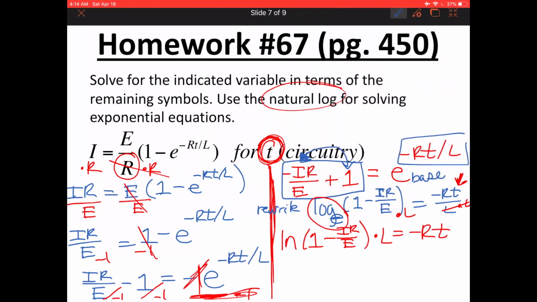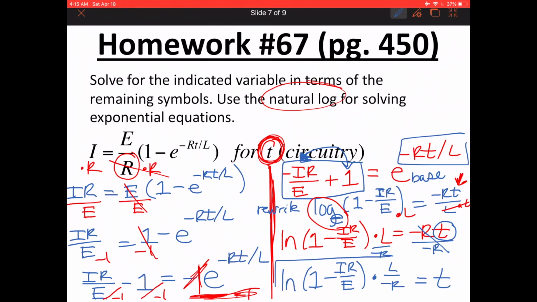One more step. To get that t alone, I'm just going to divide both sides by negative r. So my final answer, guys, is going to be t equals ln of 1 minus IR over e times L over negative r. So here in the bottom right, this is your final answer.